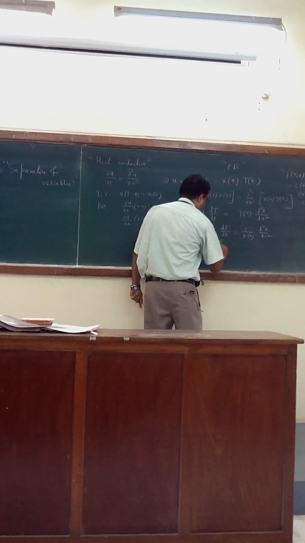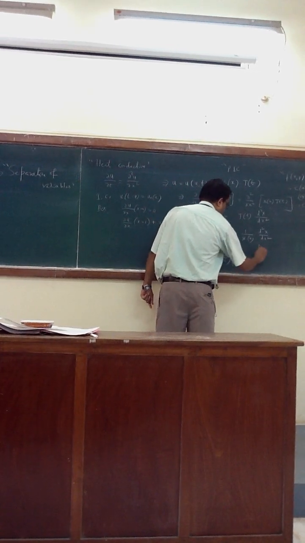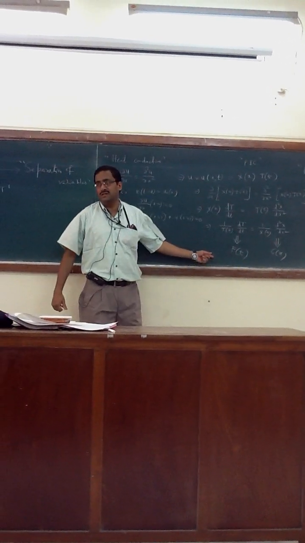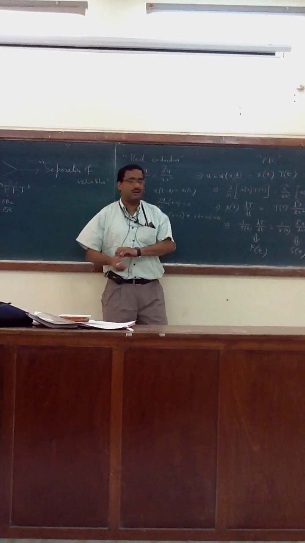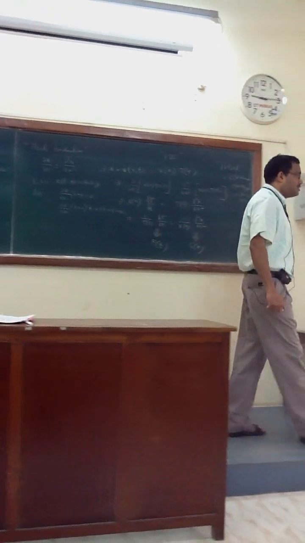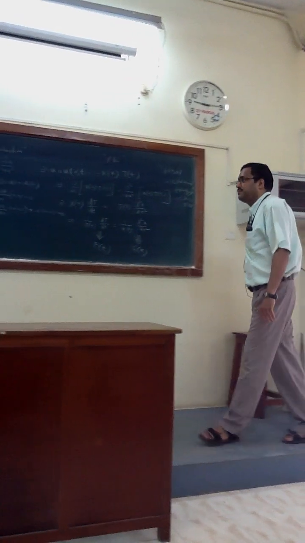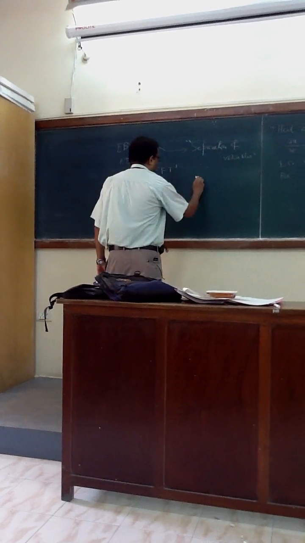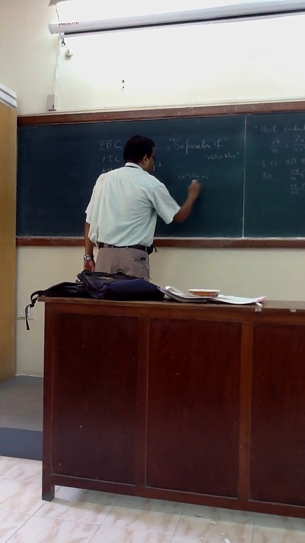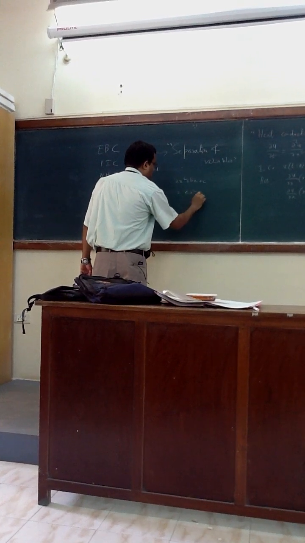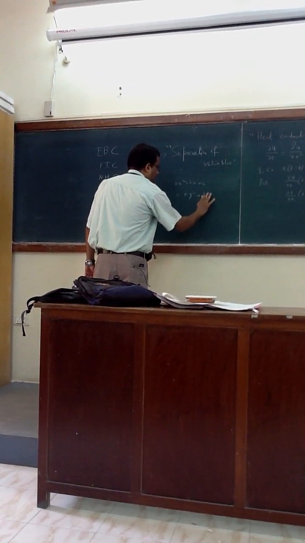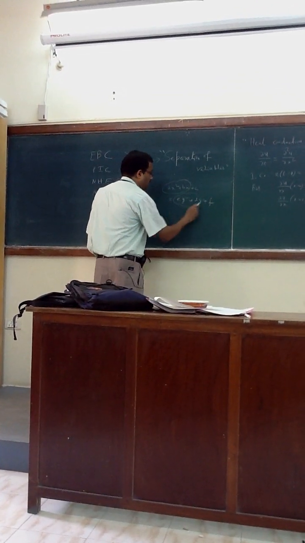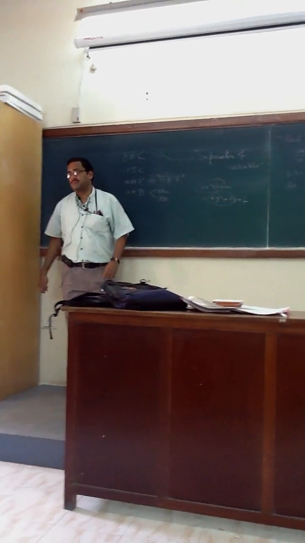This is a function of t, and this is a function of x. You can see that. The function of t and function of x can be equal if and only if they are both constant. If I have a function like x square plus bx plus c, ey square plus dy plus f, and they are equal, then these terms will not be there, and c and f will be the same.